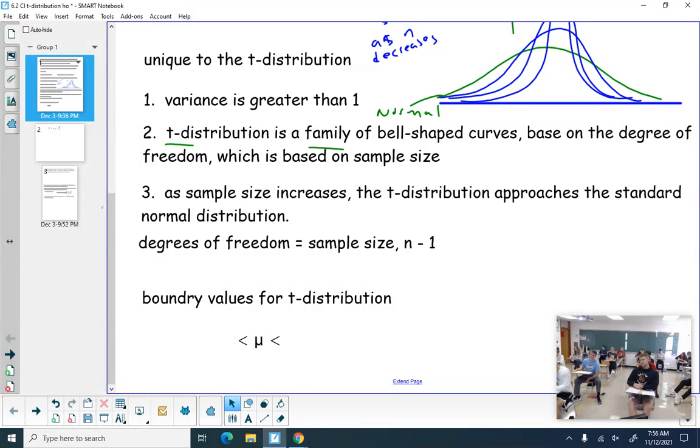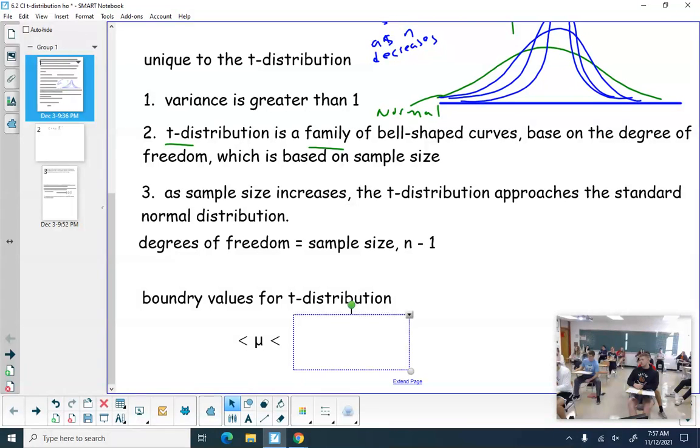Now, your boundary values. Our boundary values for this population mean. Once again, our population mean. We're trying to get boundary values for a maximum and minimum number and a confidence level for that maximum and minimum number. These boundary values are going to be calculated very similar to what we just did.